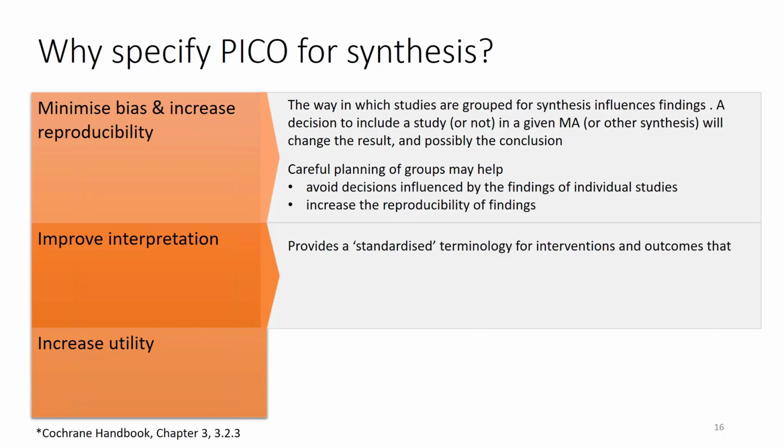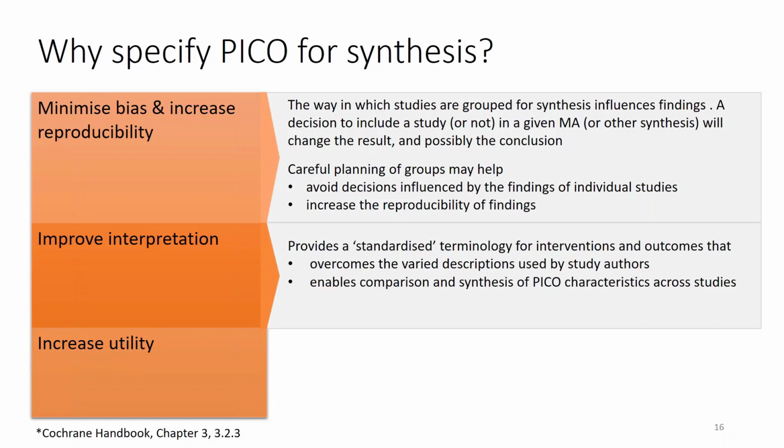In terms of improving interpretation, well, a well-defined PICO for synthesis provides a standardised terminology for both the interventions and outcomes. And this may help us overcome the varied description used by study authors, which can actually make it very difficult to decide which studies should be in each synthesis and to interpret the results. It enables comparison and synthesis of the PICO characteristics across studies, and it's actually an important synthesis task which is often not talked about.